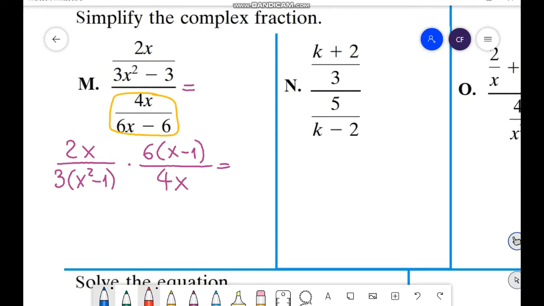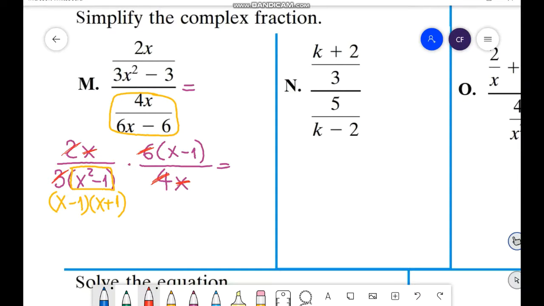Check what you can simplify. We can simplify this x with this. 2 times 6 is 12. 3 times 4 is 12. And look at that, x squared minus 1, a special case, is the same thing as x minus 1 times x plus 1.